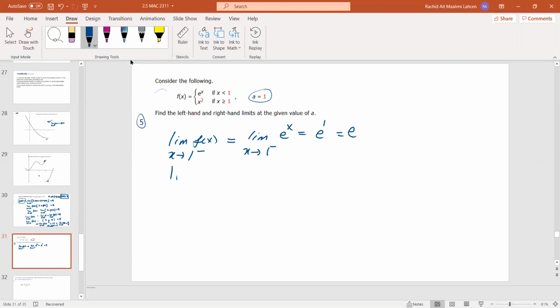All right. So the limit as x goes to 1 from the right-hand side now is x squared. It's just 1 squared, which is 1. As you see, the left-hand side and right-hand side are not equal. So conclusion, the limit does not exist at 1.